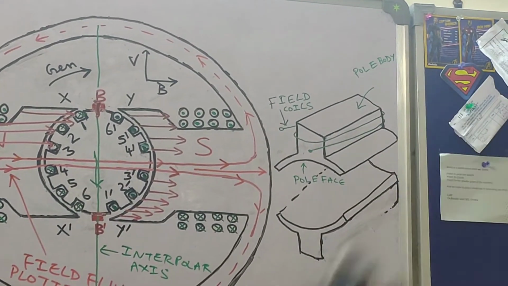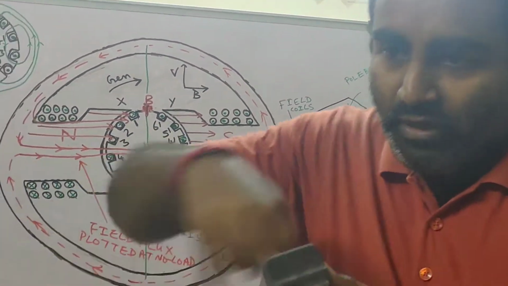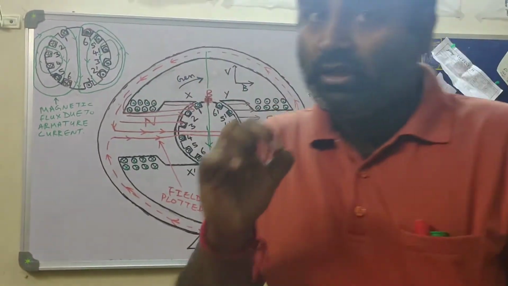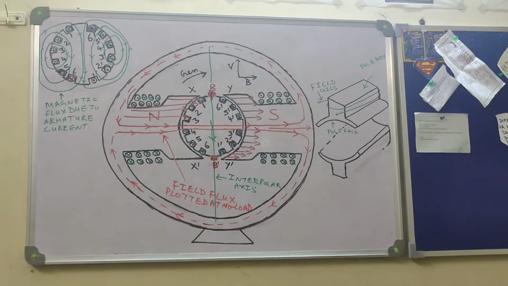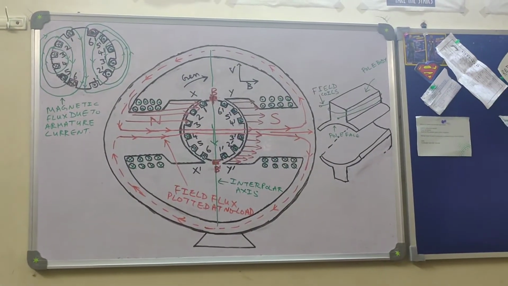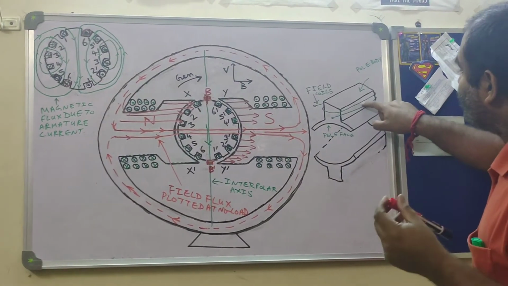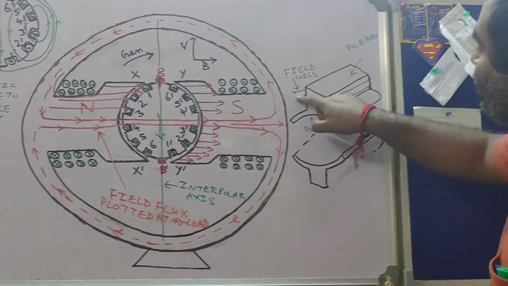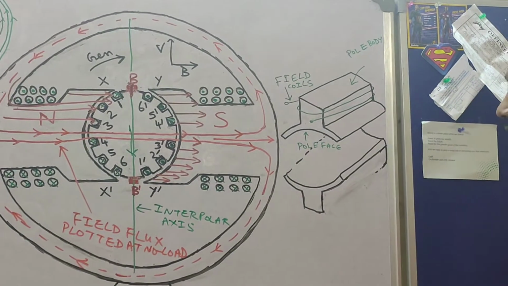So going by this analogy, if you are making enough field turns, what will you find? You will find that there are enough conductors on this side and enough conductors on this side. So this should be remembered, please.